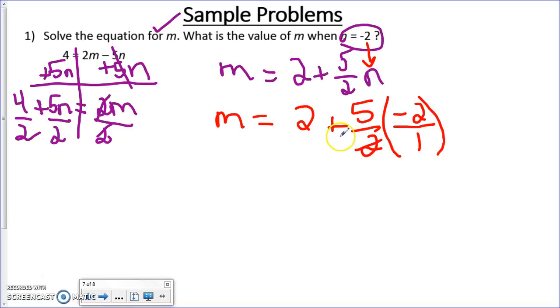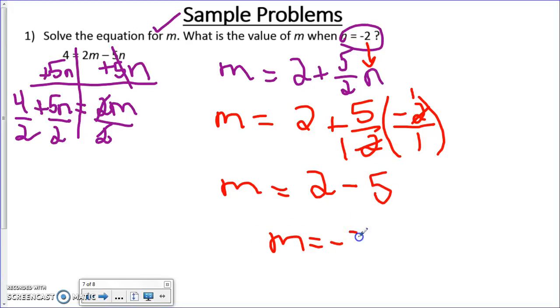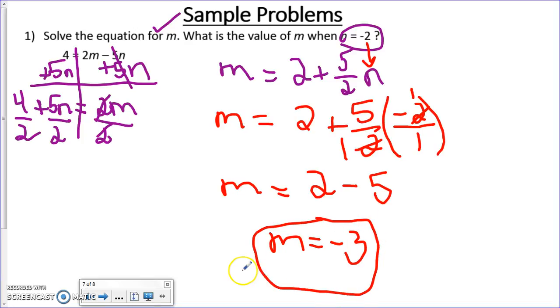I know that 2 goes into 2 itself one time, 2 goes into -2 one time. So m is equal to 2 plus 5 times -1, which is -5. And 2 minus 5 is -3. That would be your answer.